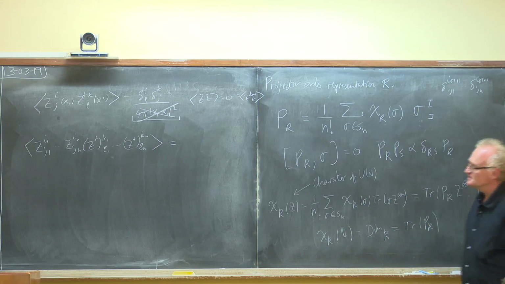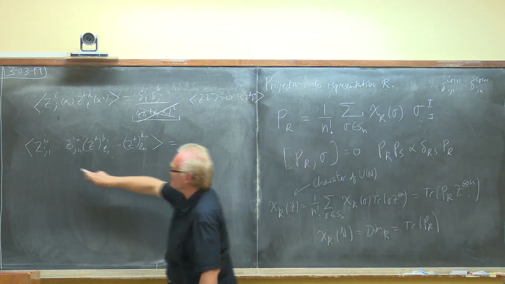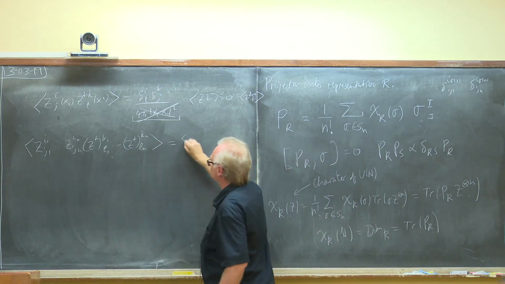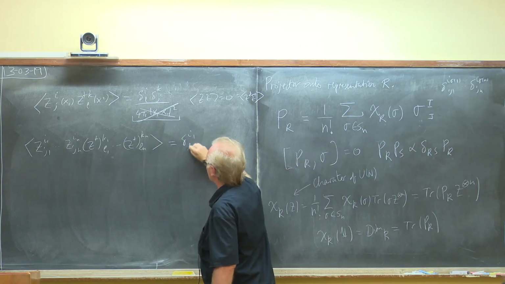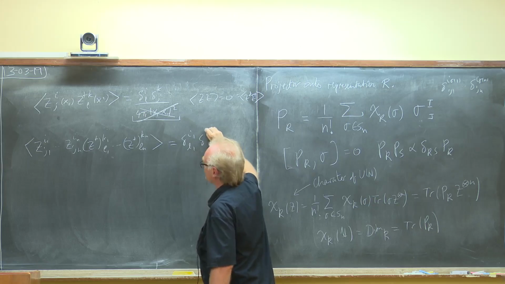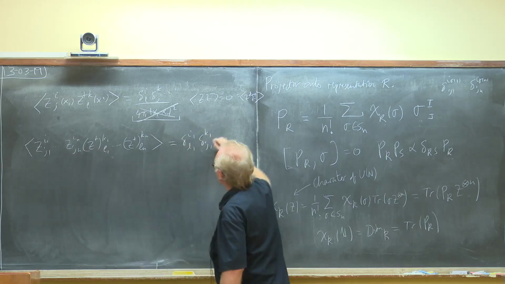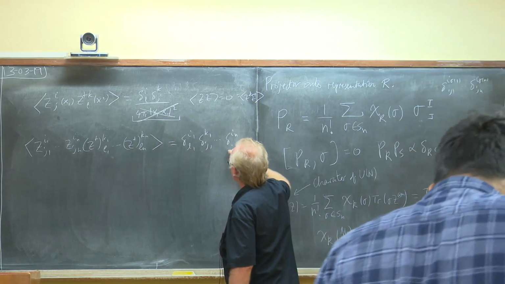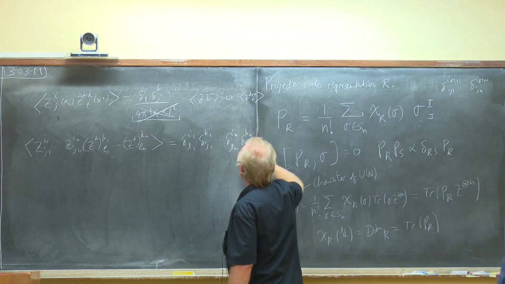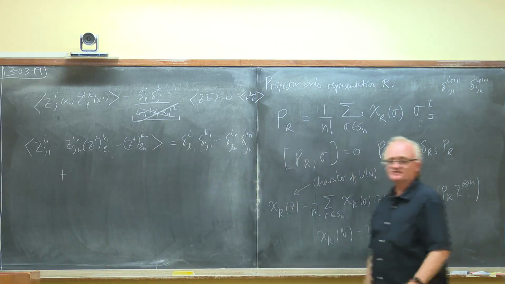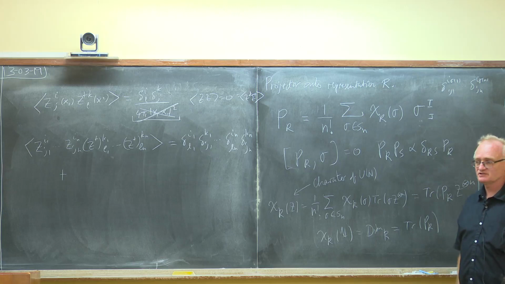Okay. Now what would we get? Think about if we contract field Z1 with Z dagger 1. We would just get a delta^{i1}_{l1} delta^{k1}_{j1}. Then I could contract 2 with 2, 3 with 3, go all the way up to n with n. And then there would be a second term. How many different Wick contractions would there be in total? Depending on the permutation. So how many permutations are there? n factorial.